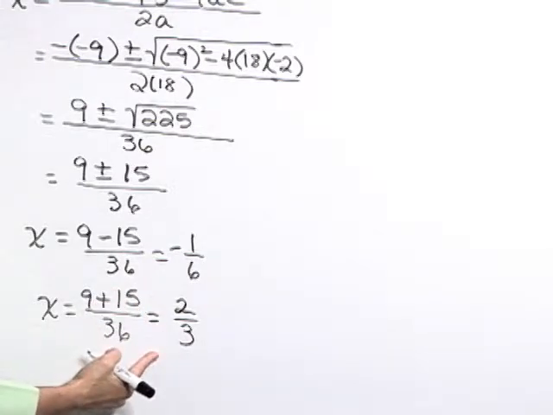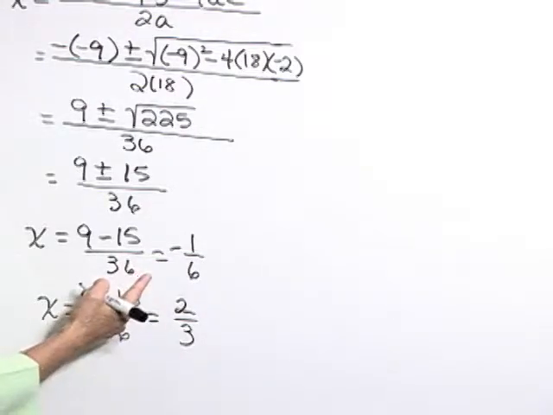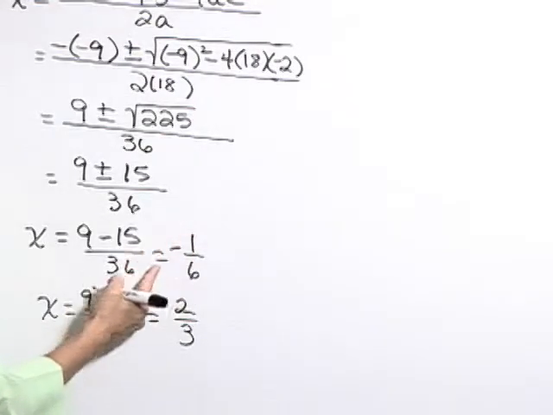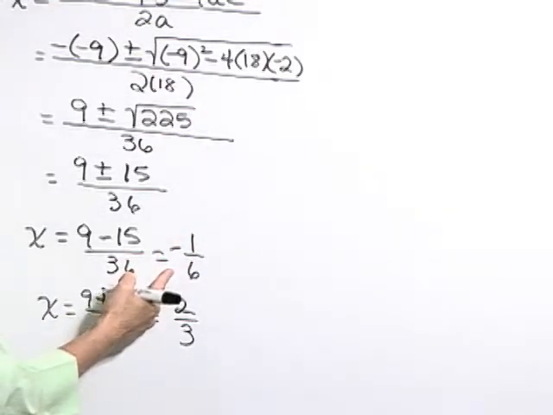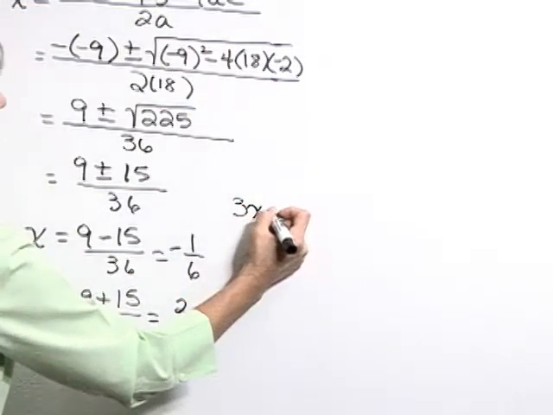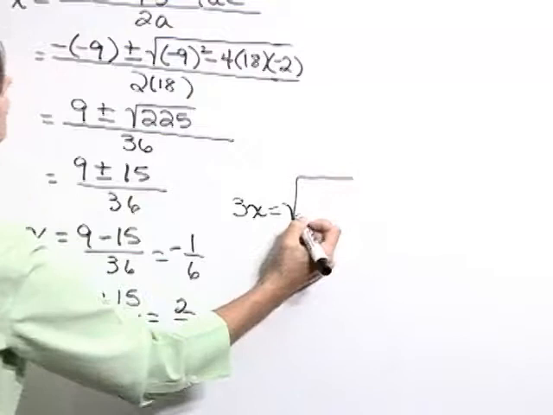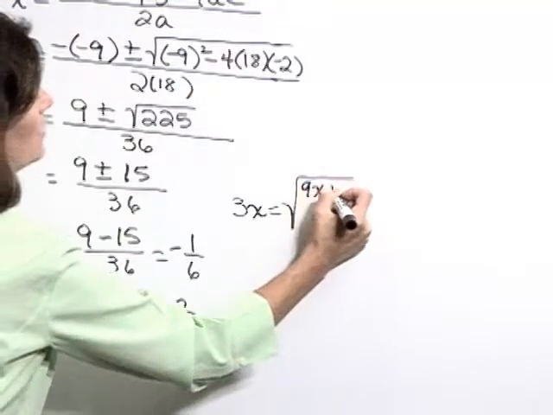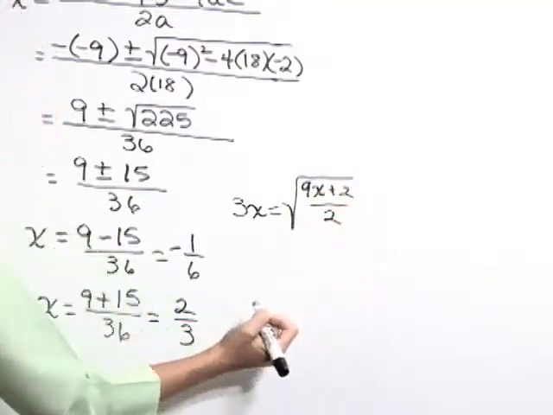Now it's wise to check these solutions, as we did have to use our power rule and square both sides of our equation above. I'm going to check this x equal to negative 1/6 in our original equation. That original equation was 3x is equal to the square root of (9x plus 2) over 2.